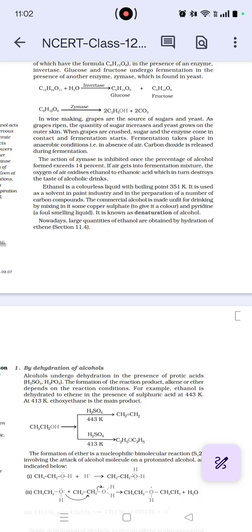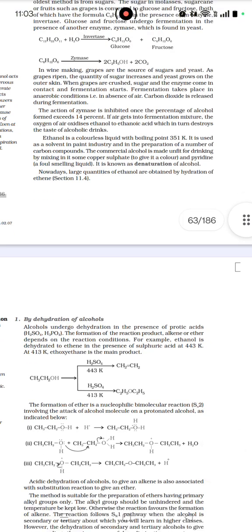Ethanol is a colorless liquid with a boiling point of 351 Kelvin. It is used as a solvent in the paint industry and in the preparation of a number of carbon compounds. Commercial alcohol is made unfit for drinking by mixing in it some copper sulfate to give it a color and pyridine, a foul smelling liquid.